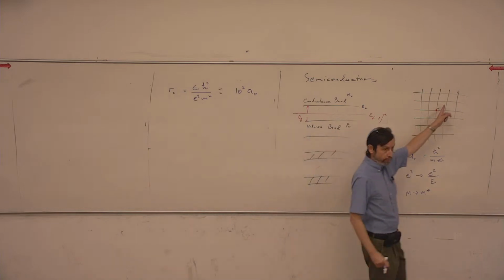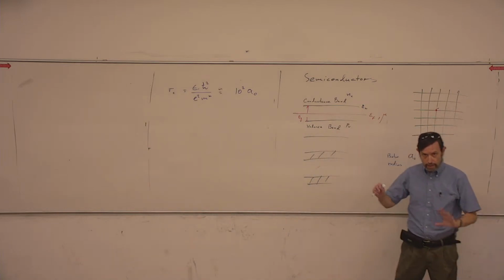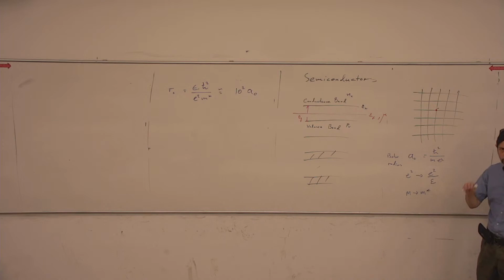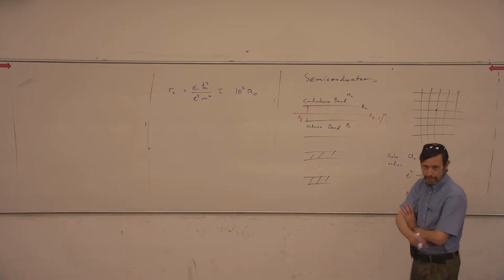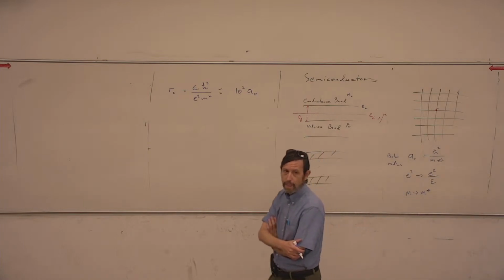Let's keep the picture of one impurity in the whole lattice. This electron can't be free, it can't venture too far from this positive center, because otherwise it creates a huge electric potential energy.